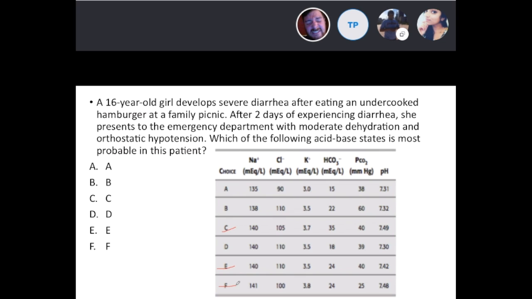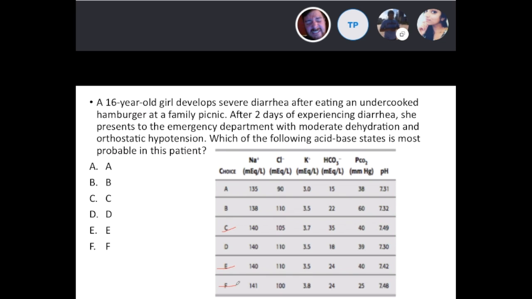So we have 140 minus 110 minus 18. So 130 minus 18 is what? 8? No. 12? Yes. So D is 12.